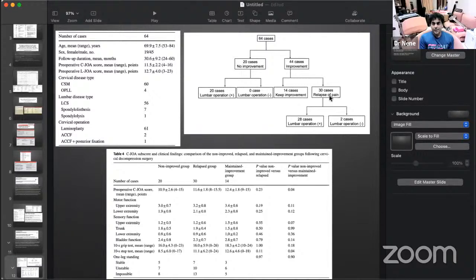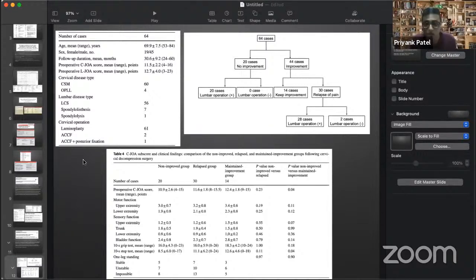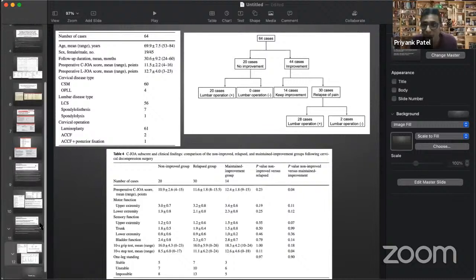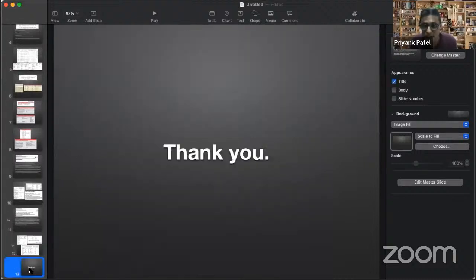Fantastic. So, sir, I've got 2 points to add. When I presented my paper on tandem spinal stenosis, there was a simultaneous paper by Michael Fehlings on cervical decompressions, where they had studied the tract changes pre and post decompression.